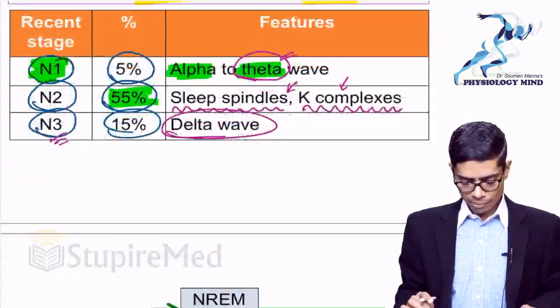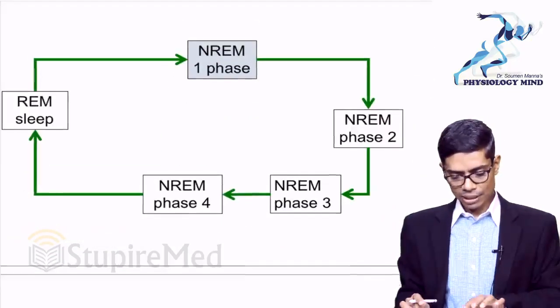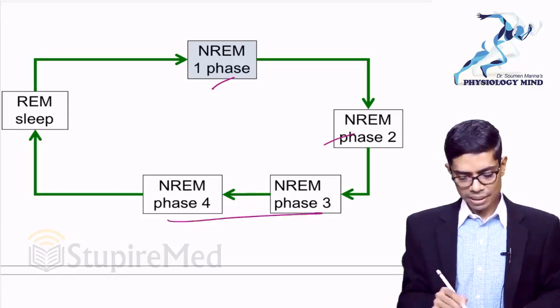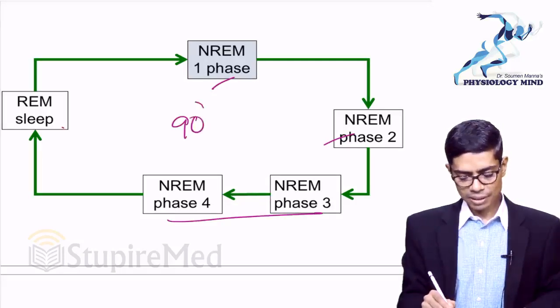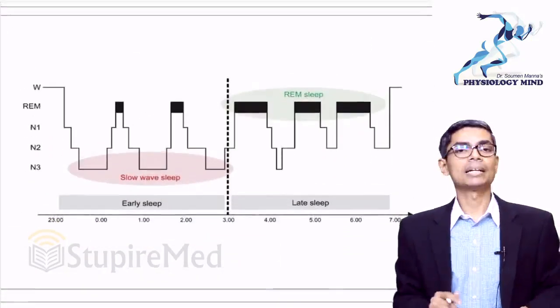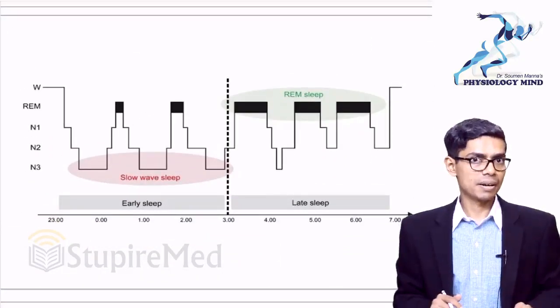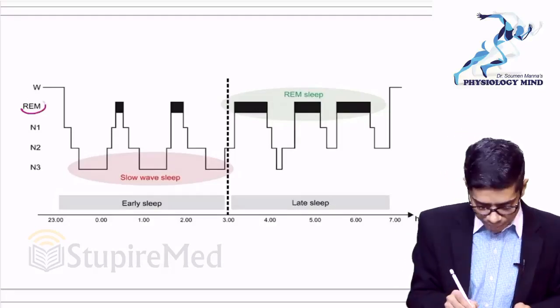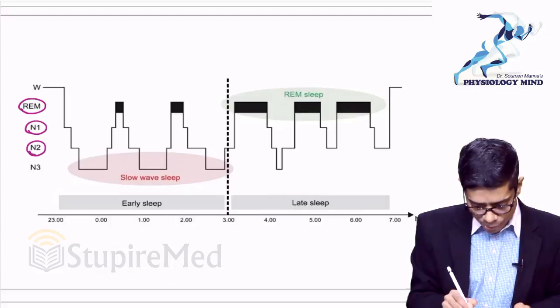Now look here. This we have already discussed: N1, N2, N3 and REM. What is the duration? 90 minutes. Now look at the different stages, how the person is moving from one to another. This is REM, then N1, N2, N3.